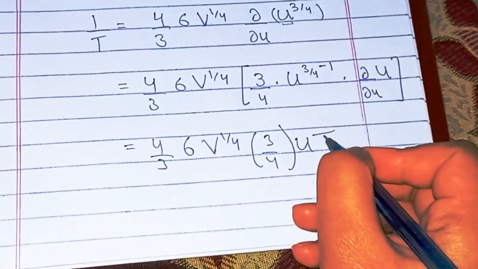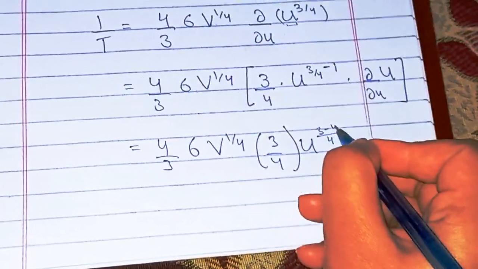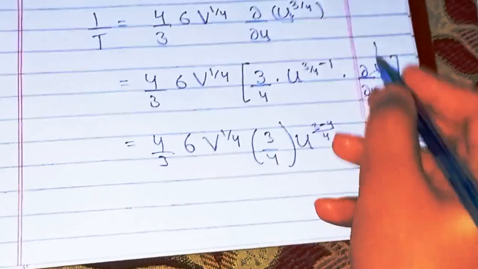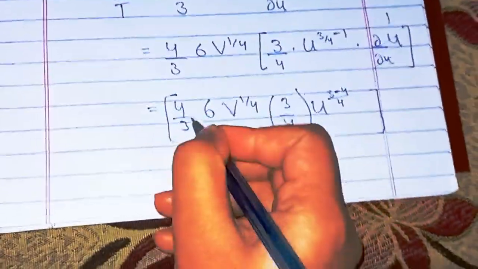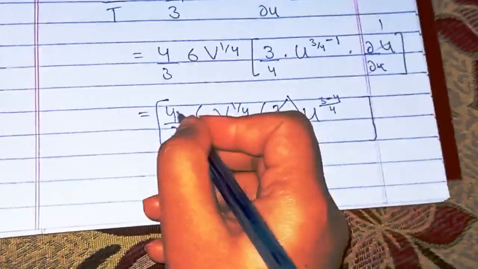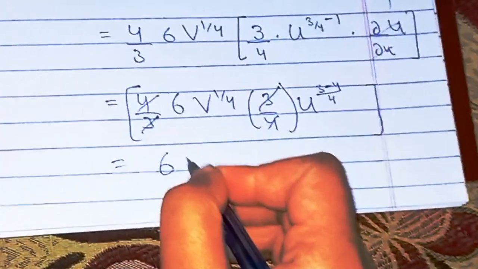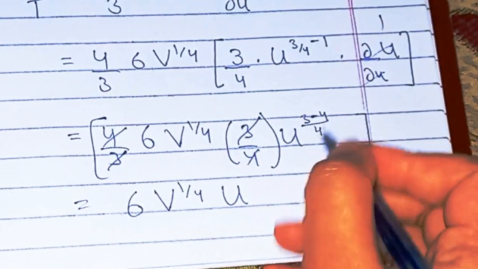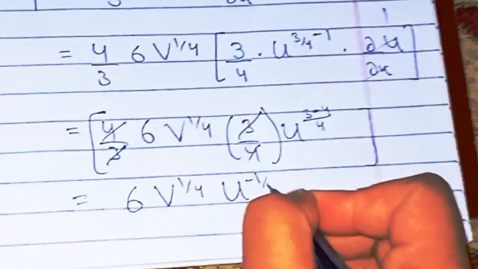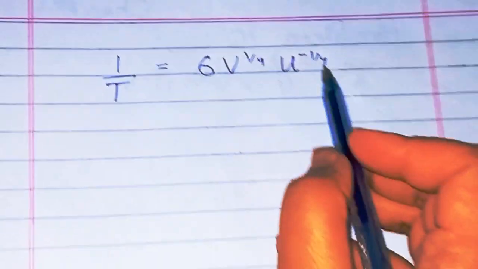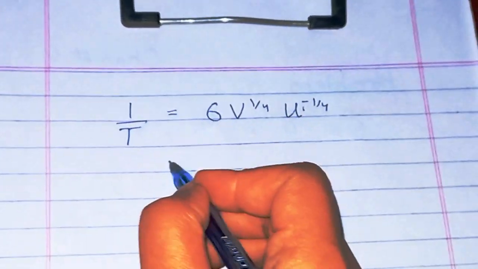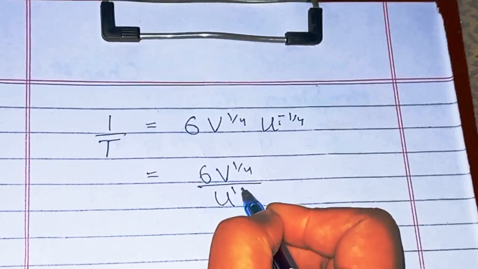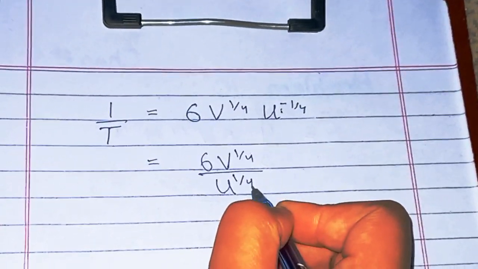Let's find the LCM. So it's 4, 3 minus 4. We'll see what it equals later. Partial U by partial U is actually 1. So 3 and 3 cancel out, 4 and 4 cancel out, and we have sigma V to the power 1 by 4 and U to the power 3 minus 4, which is actually minus 1 by 4, left in here. Now this is U to the power minus 1 by 4. We can take it in the denominator to make the power positive. So it's U to the power 1 by 4.